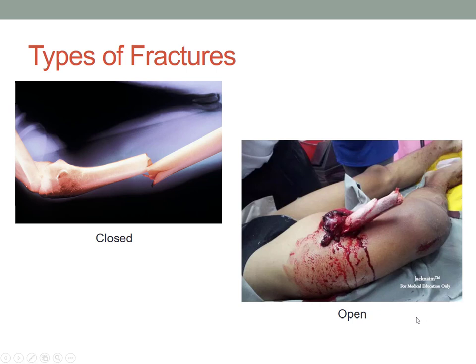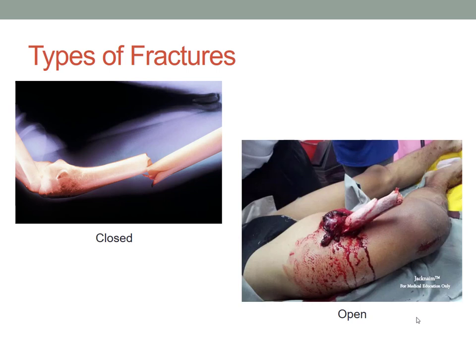So we're going to look at different types of fractures. First, two general broad categories are closed and open. Closed fractures are fractures that do not pierce the exterior of the skin. As you can see, this is a color 3D X-ray, and this is a displaced fracture, so this will need to be reduced.